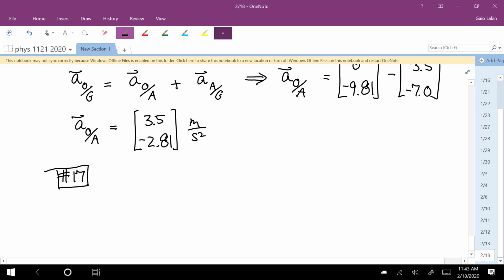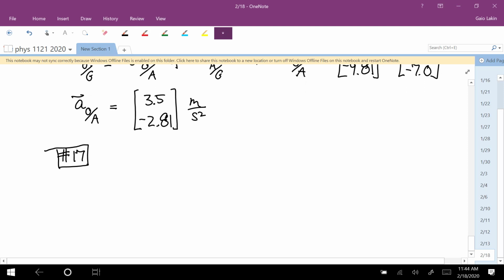Okay, so this is similar to problems that we've done a lot of. It's just that you have to do everything in terms of constants. So an object's launched into the air from a height of h and at an angle. Okay, so here's the ground.